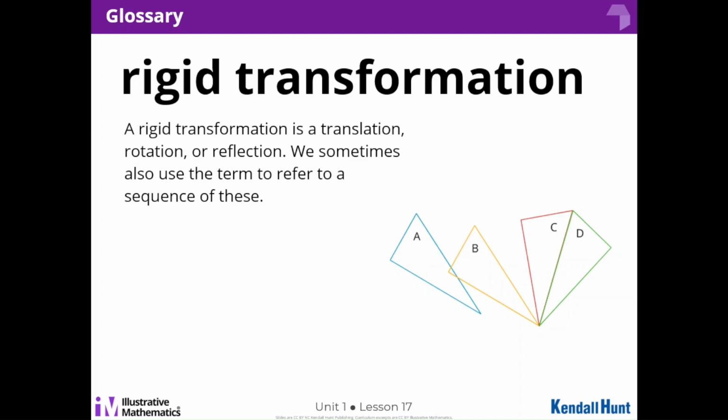Rigid transformation. A rigid transformation is a translation, rotation, or reflection. We sometimes also use the term to refer to a sequence of these. So in the image to the right, we go from A to B by translating down and right.